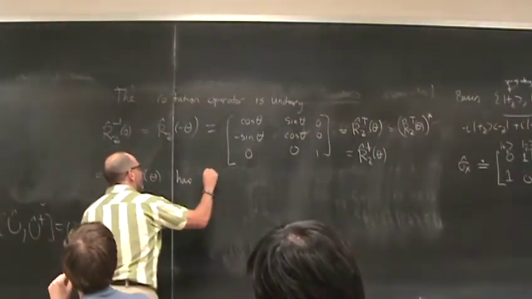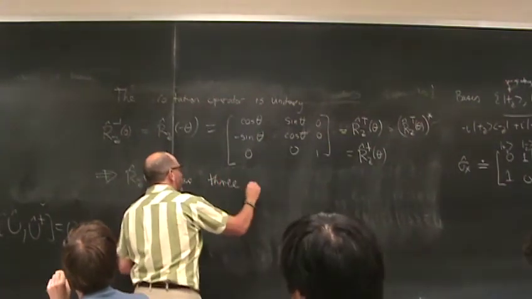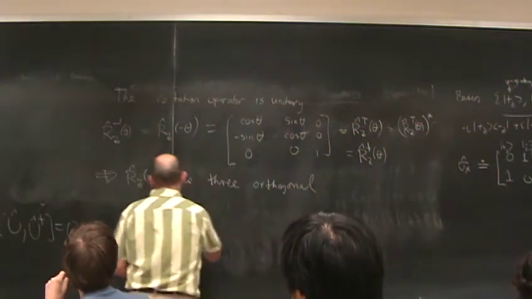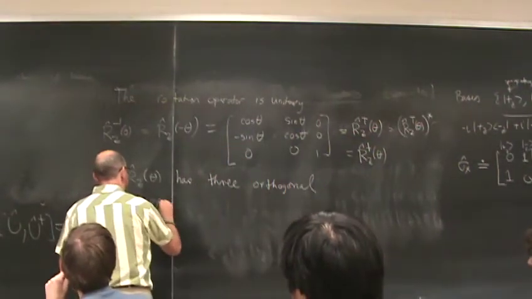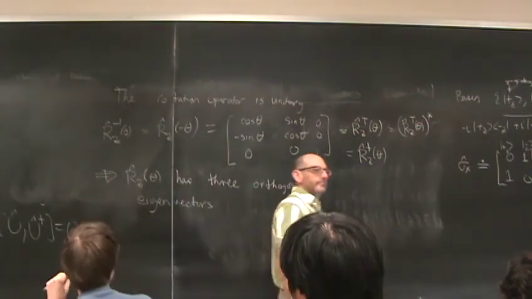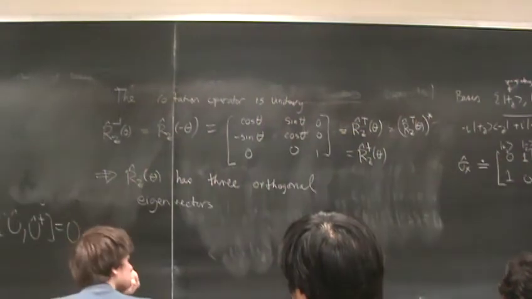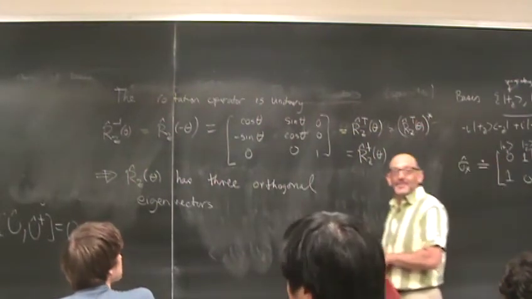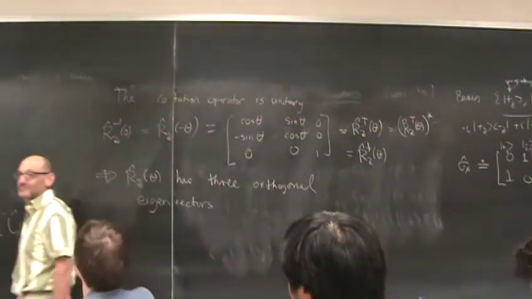So this matrix, or this operator, has three orthogonal eigenvectors and eigenvalues. Now, what are the other eigenvectors of R?